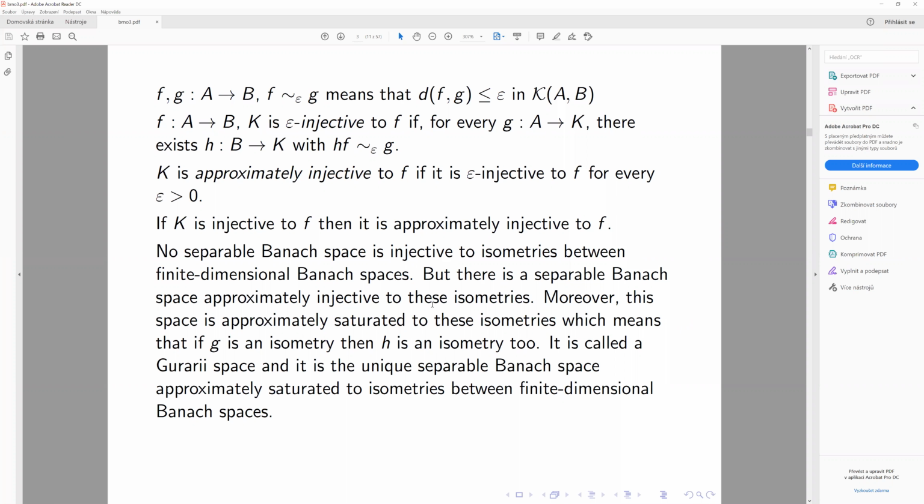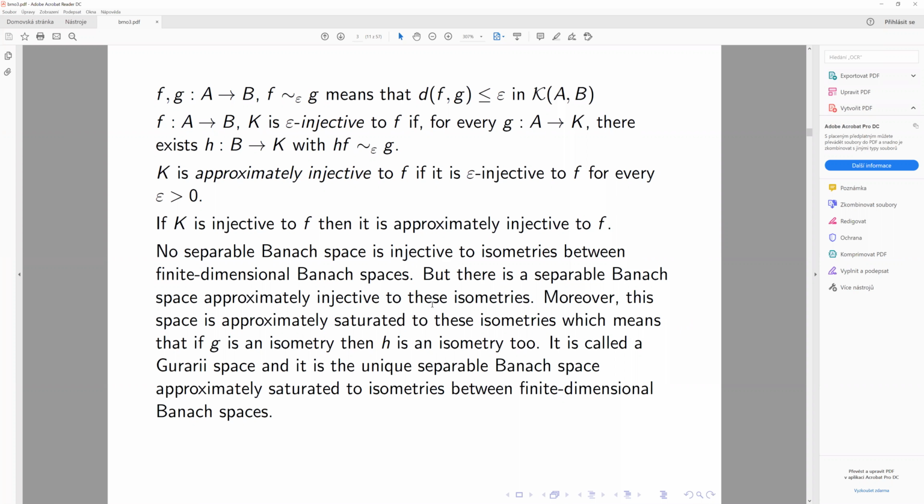So now one wants to try to do everything one does with usual injectivity. So one has a class of morphisms F, and one takes F triangle, the class of all objects which are approximately injective to every F of this class. And this black triangle, one takes the class of objects which are injective to this class.